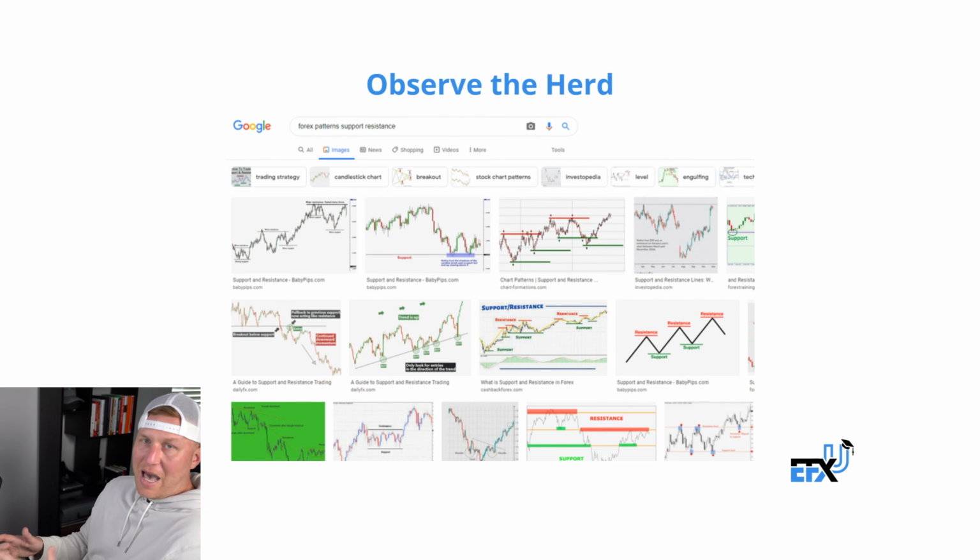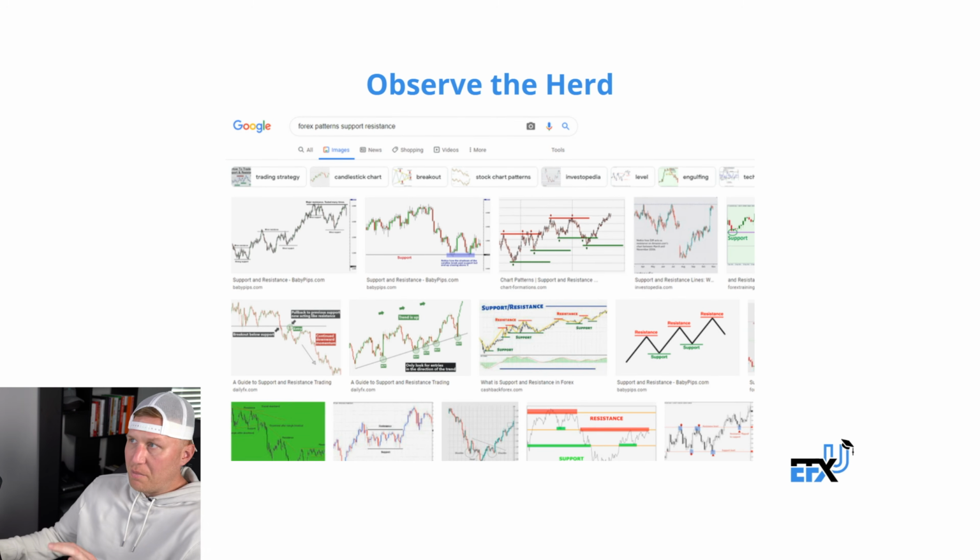Teaching traders patterns and concepts that design trading opportunities which generate large pools of liquidity, putting them on the wrong side of the market. And they're just failing to recognize what's accumulating around these support, resistance, double tops, double bottoms, and all these different patterns. And that is liquidity.